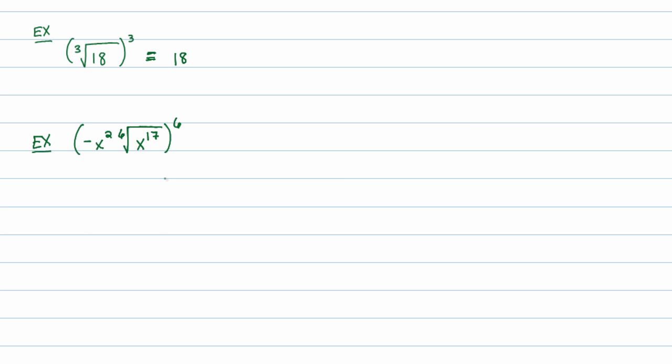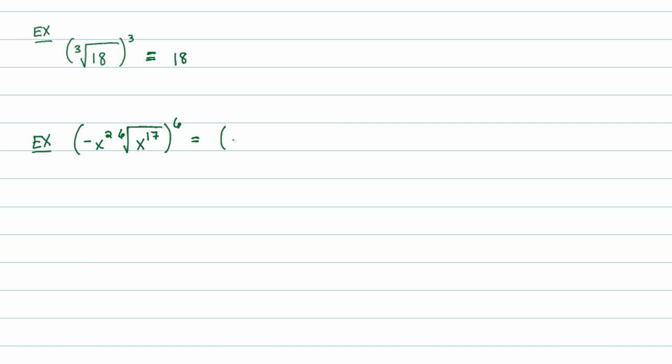And of course, this can be used in some compound expressions here. So something like this, where we have a lot of factors being multiplied together. We could use the laws of exponents here to rewrite this. We have the product of negative x squared and the sixth root of x to the 17th, all being raised to the sixth power.